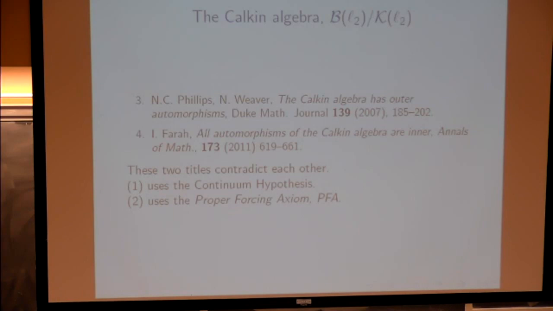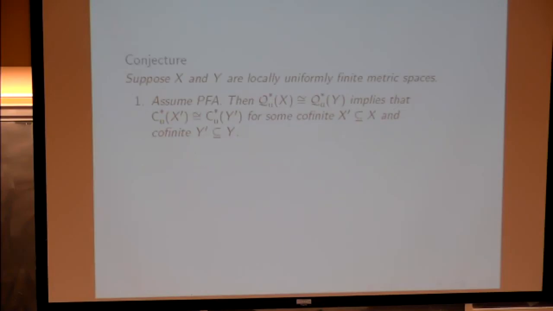So there is independence in mainstream operator algebras. But the reason why I'm mentioning this is that at the moment you start modding out, going to coronas, you can expect something like this to happen. So let's see what does happen. Here's the conjecture. Suppose that we have two uniformly locally finite metric spaces.